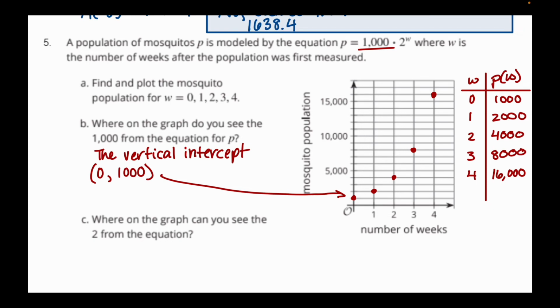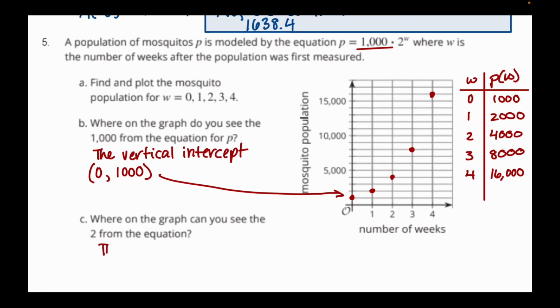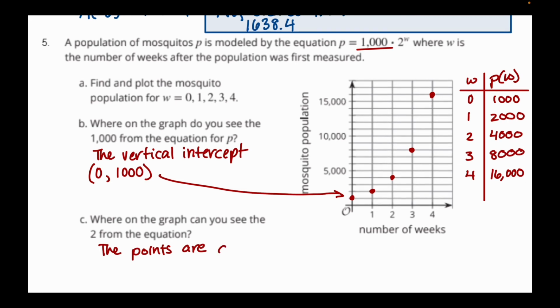We can say, how to word this? The points are, we'll say doubling in height. Because we're referring specifically to the points on the graph.